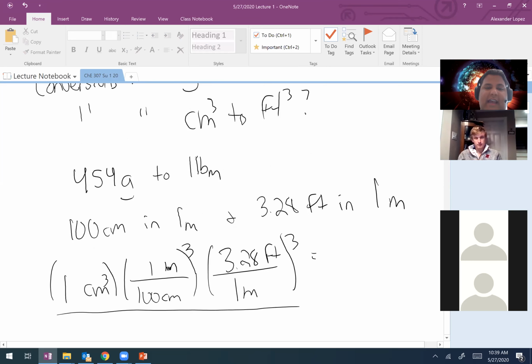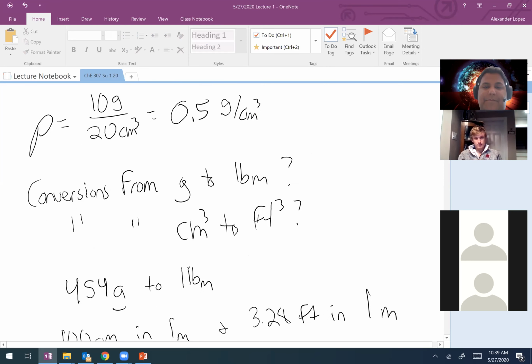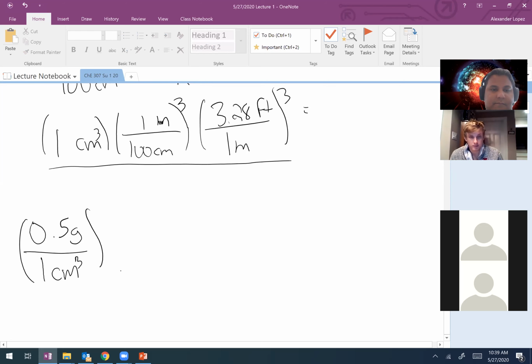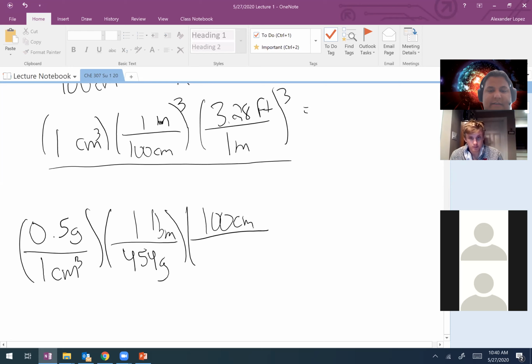So going back to what I had earlier, I had 0.5 grams. Oh, that looks ugly. Per cubic centimeter. And I know we said 454 grams in 1 pound mass, and there's 100 centimeters in 1 meter, and in 1 meter, there's 3.28 feet.